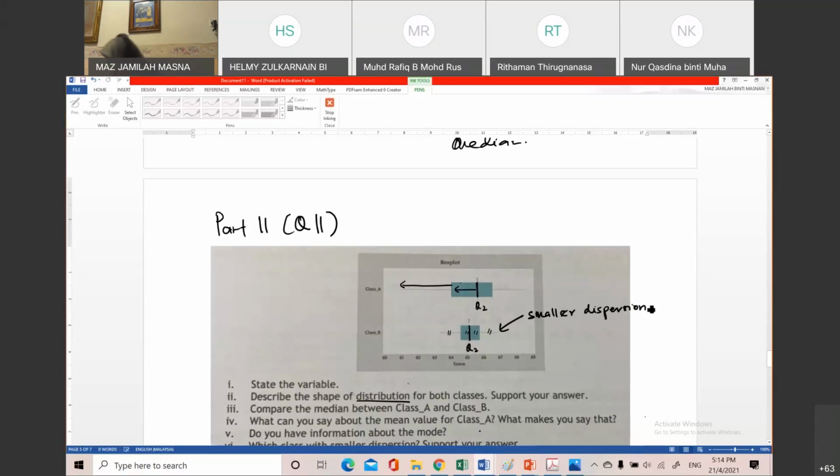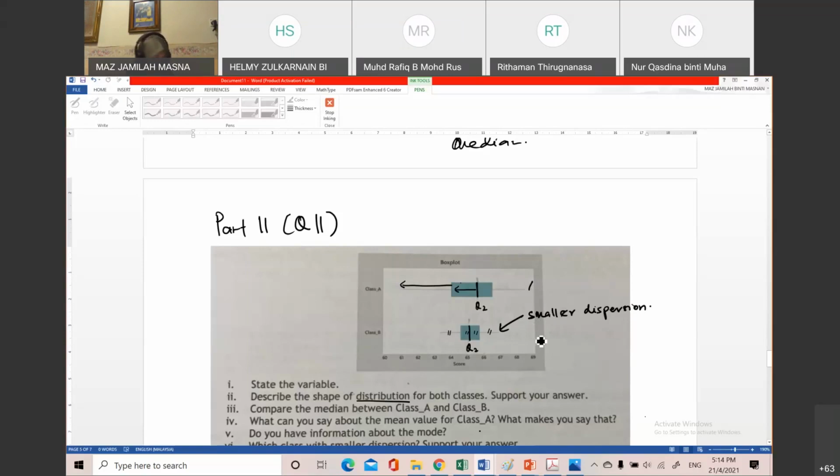Why? Support your answer. Because the box plot is smaller compared to class A. Yes, smaller dispersion because you can show the calculation.